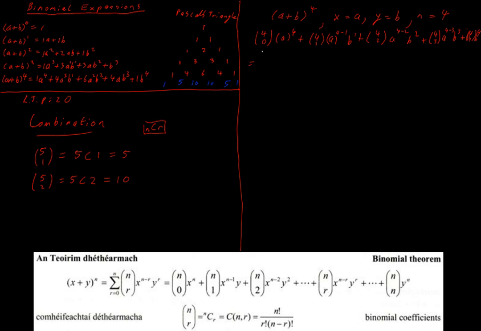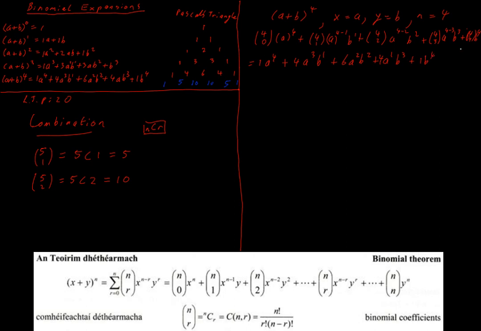So I end up with, when I put this into the calculator, 4C0 is going to be 1 a to the power of 4, plus 4C1 is 4 a to the power of 3 b to the power of 1. 4C2 is 6 a to the power of 2 b to the power of 2, plus 4C3 is 4, sorry, 4C3 is 4 a to the power of 1 b to the power of 3, plus 4C4 is 1 b to the power of 4.